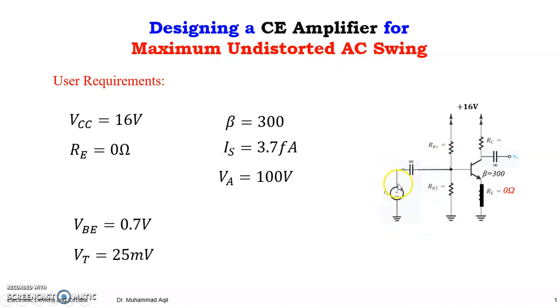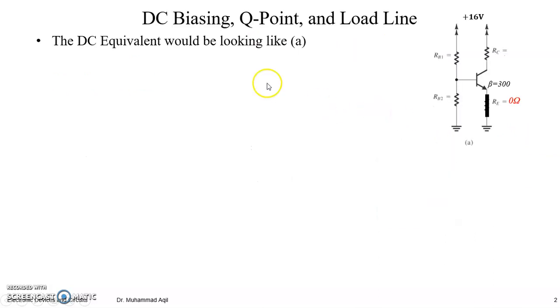Maximum undistorted AC swing means when the user wants to apply an AC input signal, the output would be an amplified form of that input signal, undistorted, not clipping from the positive side or negative side. We will see later, inshallah, as this lecture progresses. So we have to design this amplifier circuit for this DC.